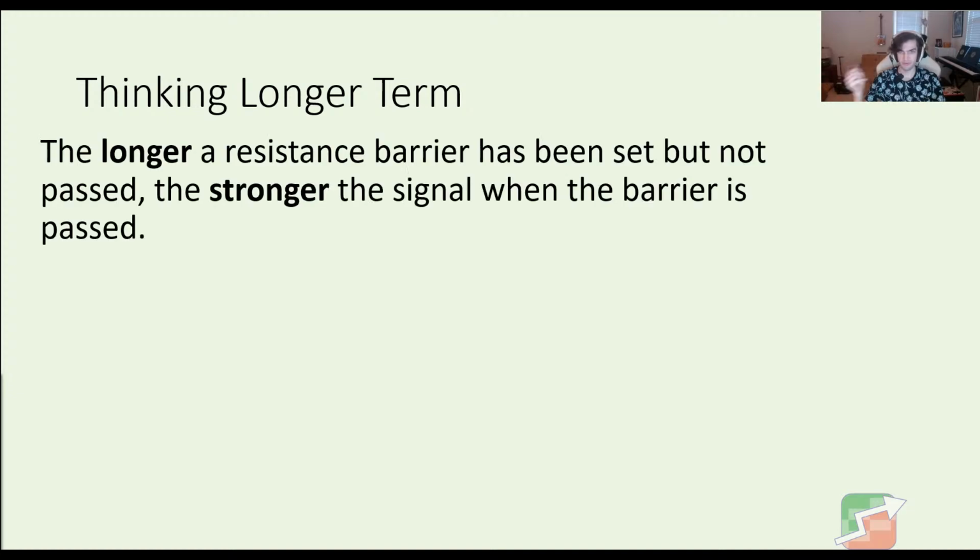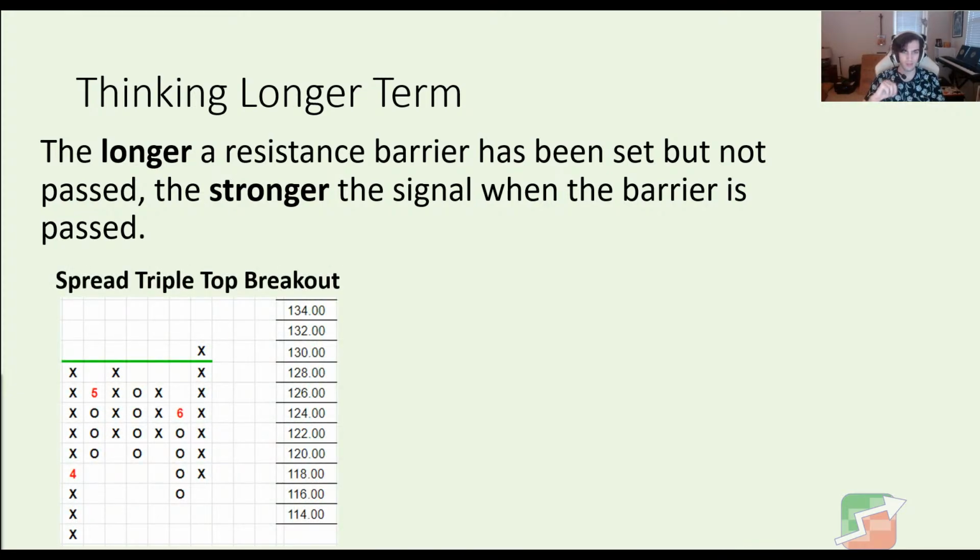Now, to the second point, the longer a resistance barrier has been set but not passed, the stronger the signal is when it is. So what do we have here? We have 4 columns of X's. 1, 2, 3, 4.